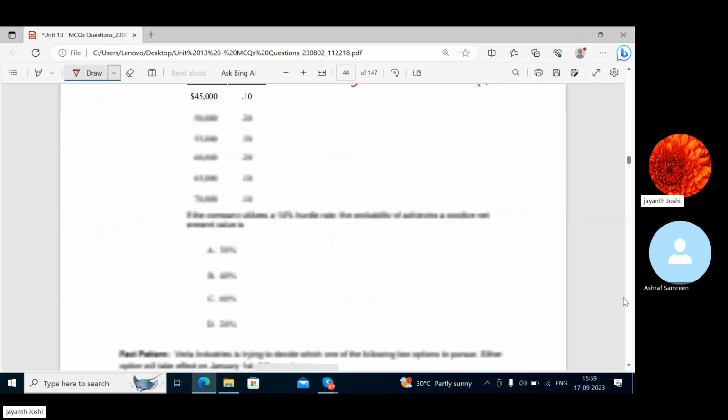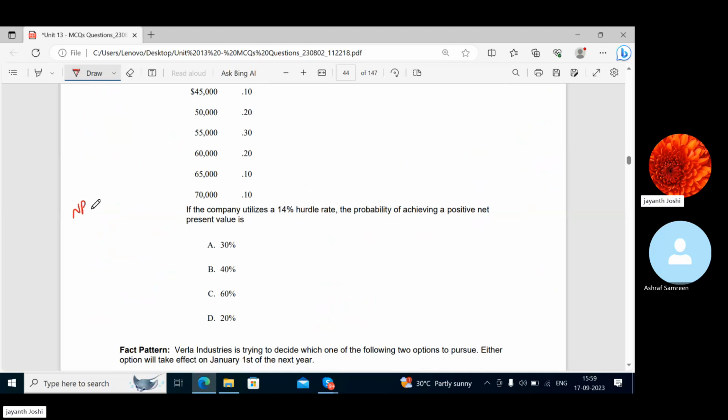See, NPV is equal to 0 is equal to IRR. Suppose my discount rate is 10%, right? Let's say it is 10%.